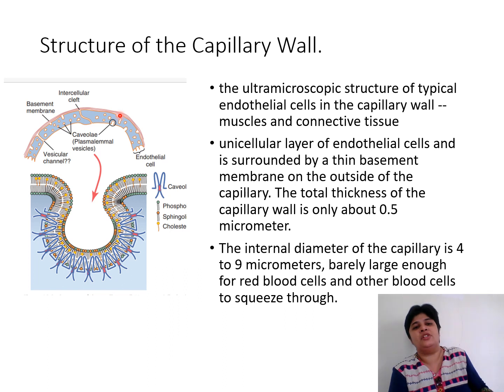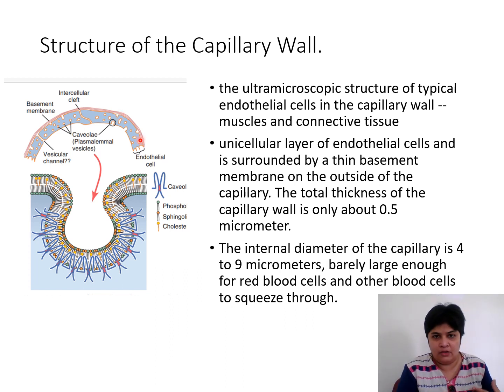So you can easily notice here the lack of the muscle wall. Okay. The total thickness of the capillary wall is only about 0.5 micrometer. The average diameter is 4 to 9 micrometers. So you know the diameter of an RBC is 7 micrometers, so there is hardly any space left for an RBC to squeeze through.